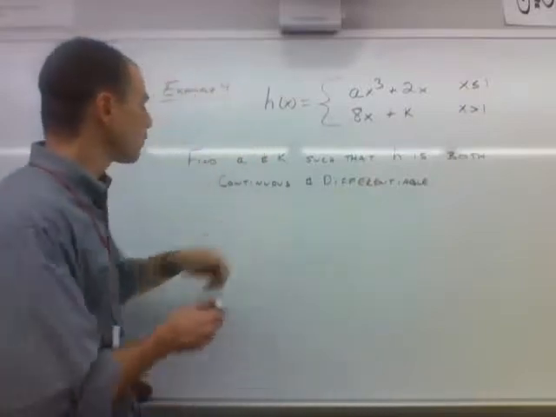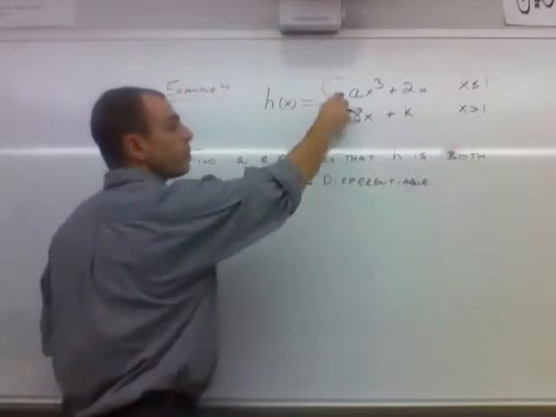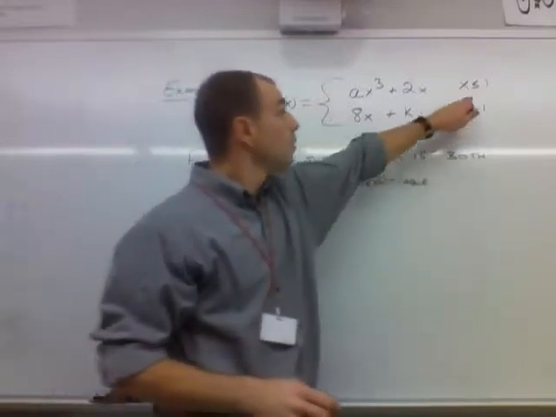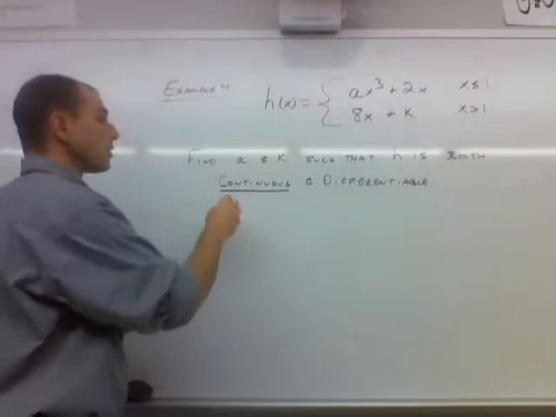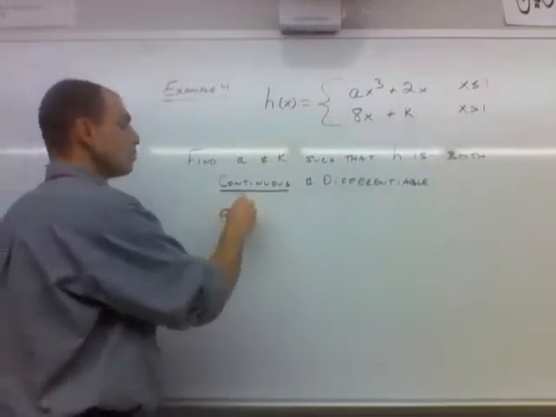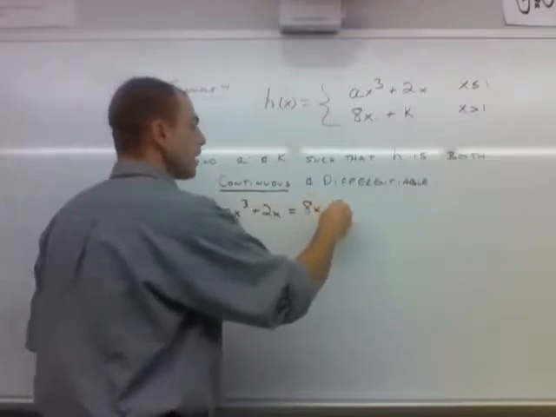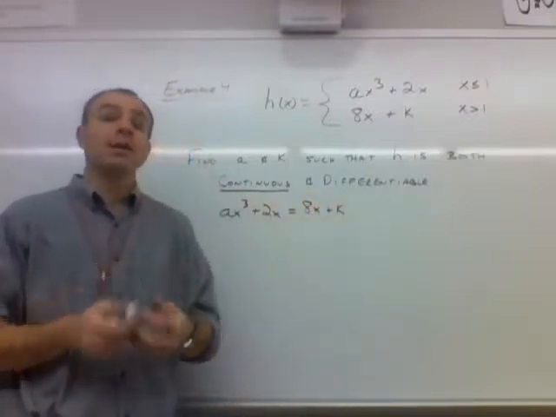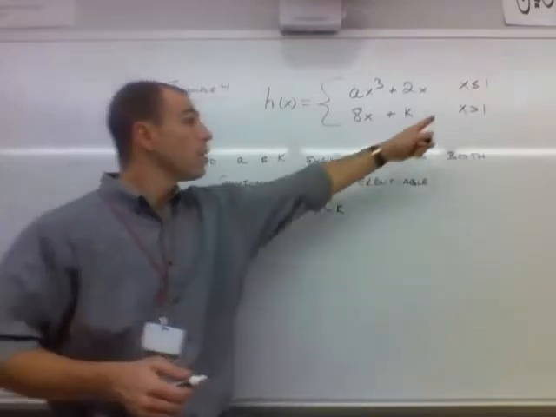So again, in order for the function to be continuous, the top part and the bottom part must be equal to each other when we make the changeover, and we make the changeover at x equals 1. So we have ax cubed plus 2x equals 8x plus k. We're setting the two parts of our piecewise defined function equal to each other, and we want this to be true when x is 1.